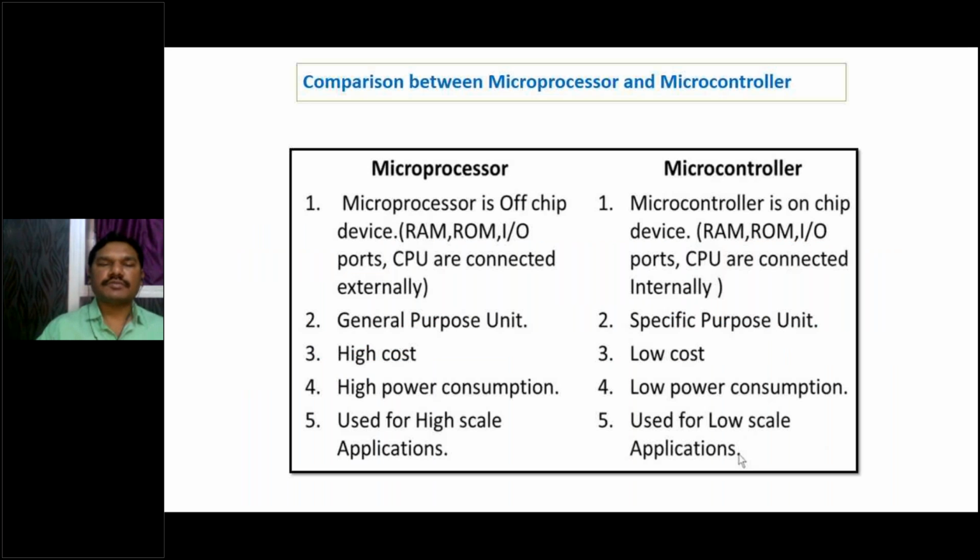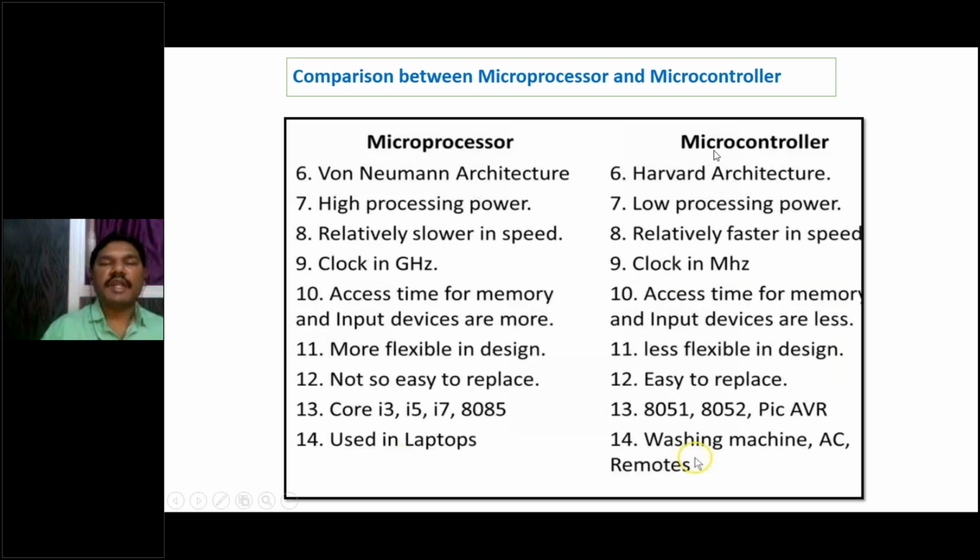Okay, so to explain that, we should understand the differences between microprocessors and microcontrollers. This point is very important. Microprocessor has Von Neumann architecture and microcontroller has Harvard architecture. What is the difference between Von Neumann and Harvard architecture?